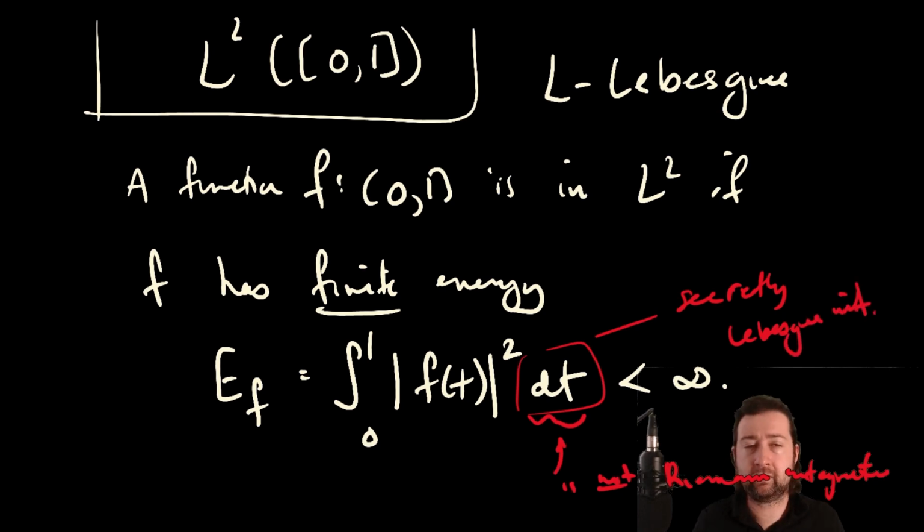And as you go on to higher level mathematics classes or graduate school, you're probably going to have to develop the machinery to show how that works. In practice, we don't need to know that much to develop the theory. And in application, it doesn't really come up very often that you need to know whether a function is Lebesgue integrable versus regular old integrable, the way that we think about it from Calculus 1.